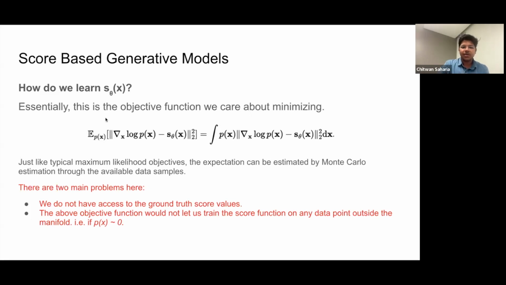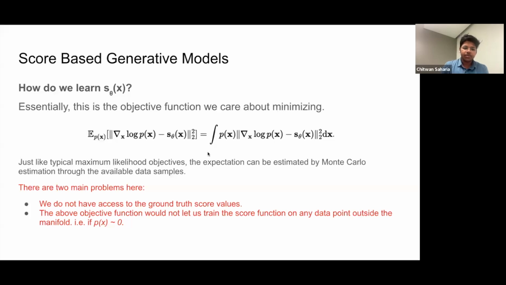If we just write out the objective function that we care about, we have access to the ground truth score, and we feed the input to the model and optimize this regression loss, approximating the objective using the data samples that we already have from the probability distribution. This looks very much like maximum likelihood estimation. Here, our targets are just different, and we're trying to learn a regression function to approximate the score.